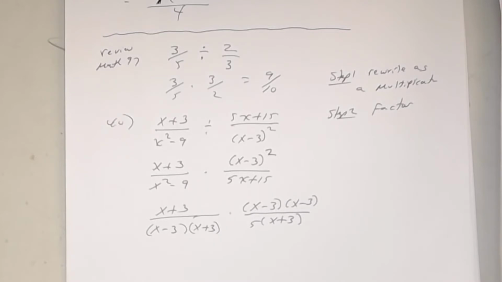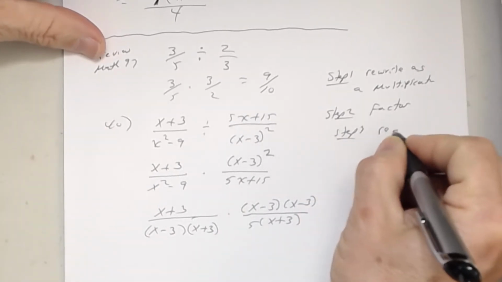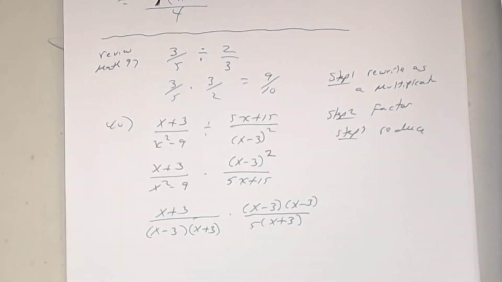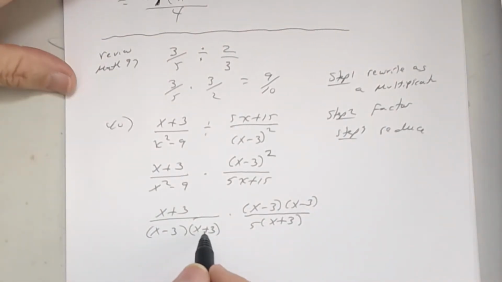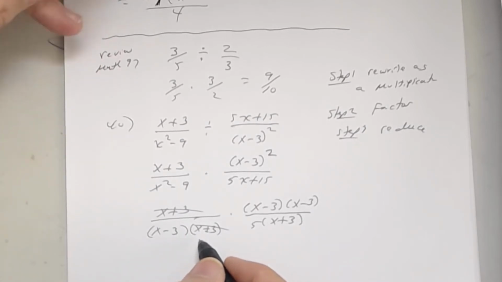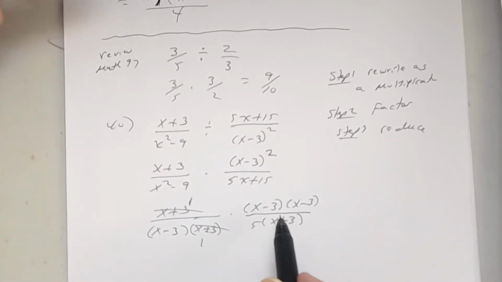Once you do the factoring, what's the next step? Reduce. So step 3 is to reduce. What's the first factor that you see in the numerator? Does that occur as a factor in the denominator? Yes, in fact, 2 times. It doesn't matter which one I use. When I reduce them, what factors are left? Ones. What's the next factor you see?